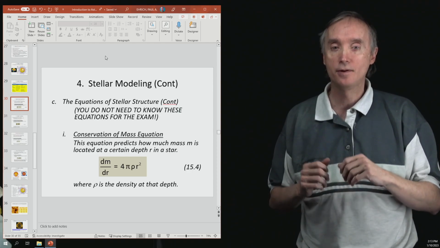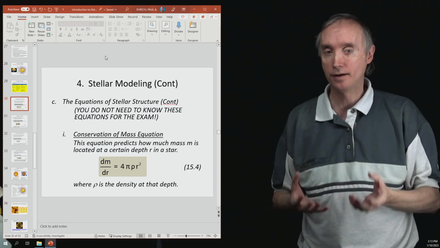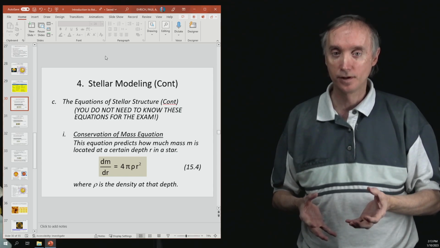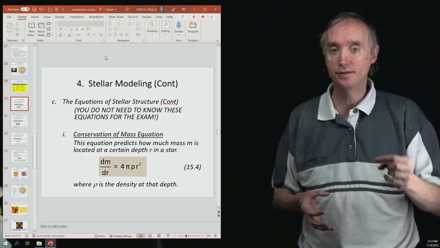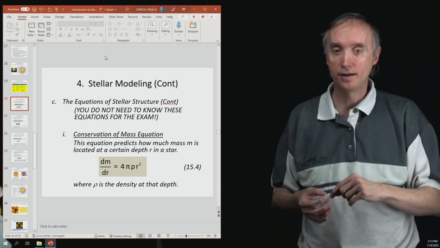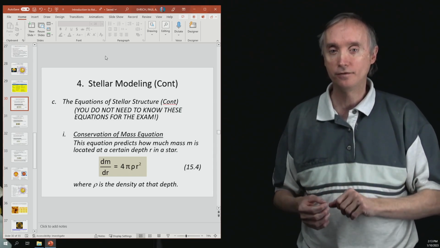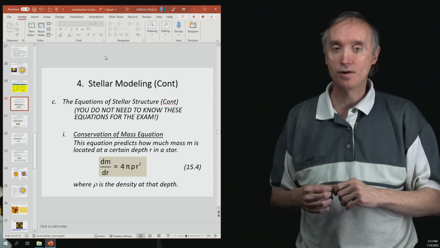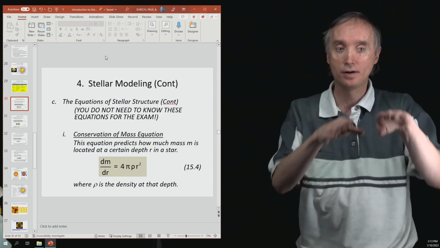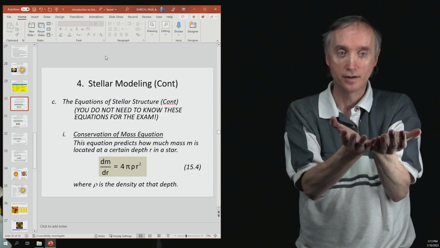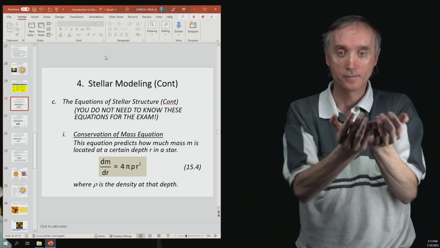And so it's the amount of mass divided by volume of something. So that we would need to know what's the density like inside the sun. And then once we know that, we plug it into that formula, and then we solve it using calculus, and we end up with the mass of a shell at a certain depth. Okay?